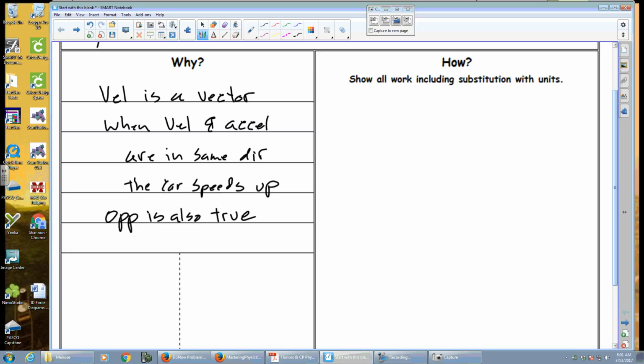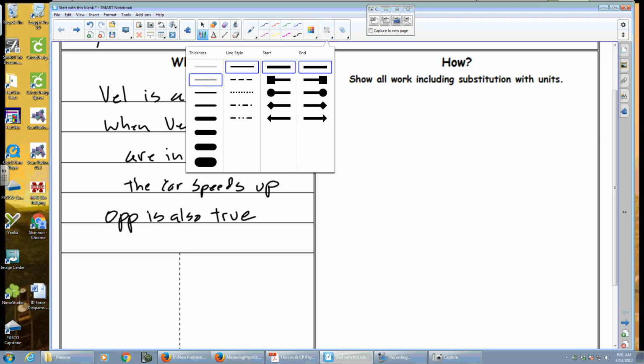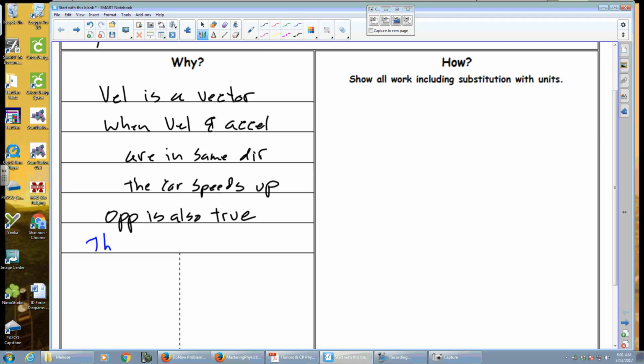I might also include, just to complete the thought, the longer, i.e. time, the more velocity change.